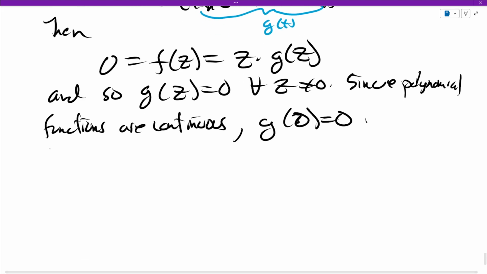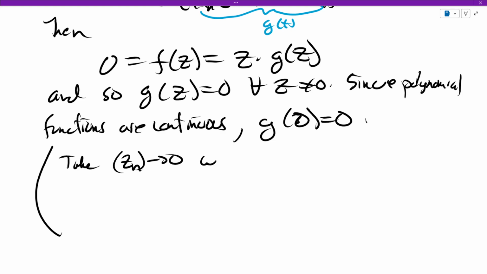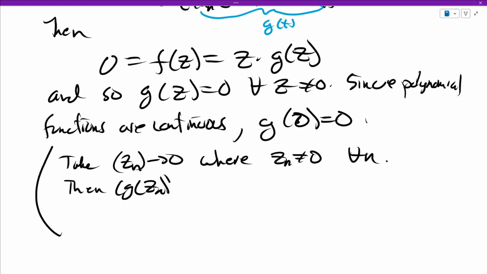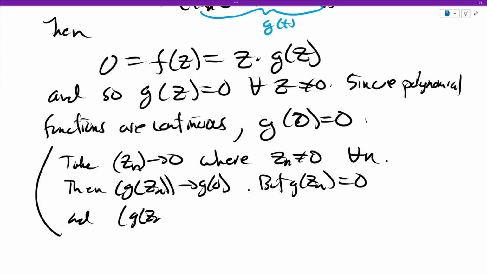But a more specific analytical argument, which, it's not a class in analysis, but you might say: take a sequence that goes to 0 where z_n is not 0 for all n. Any sequence, like 1 over n, does the job. Then g of z_n goes to g of 0, but g of z_n is identically 0 because all the inputs are non-zero. And so the sequence g of z_n is the sequence 0, and the sequence 0 must converge to 0. But limits of sequences are unique. So g of 0 equals 0.